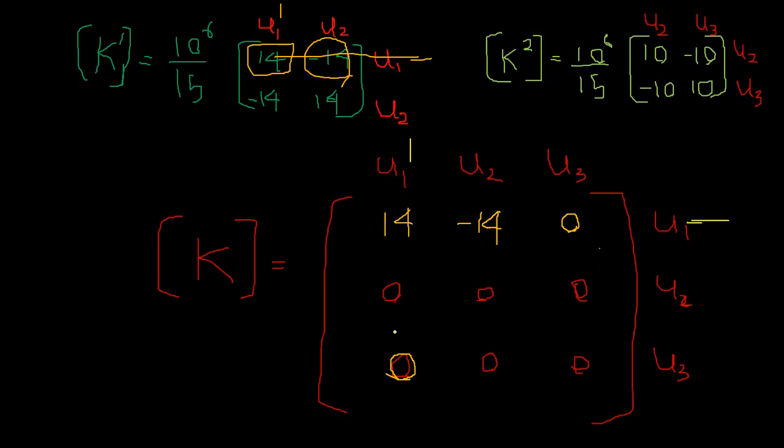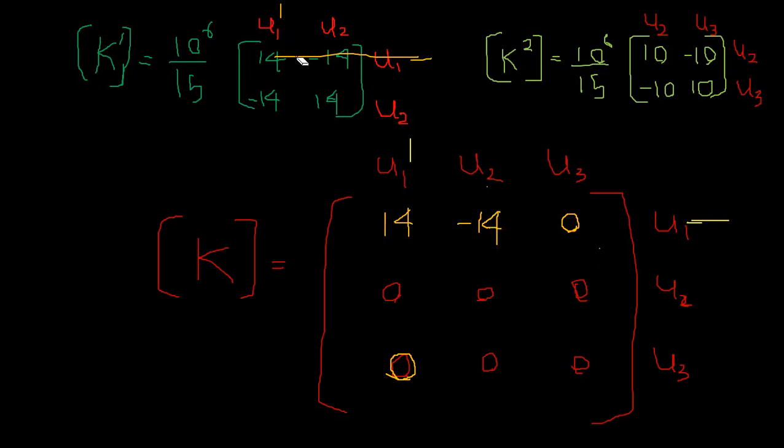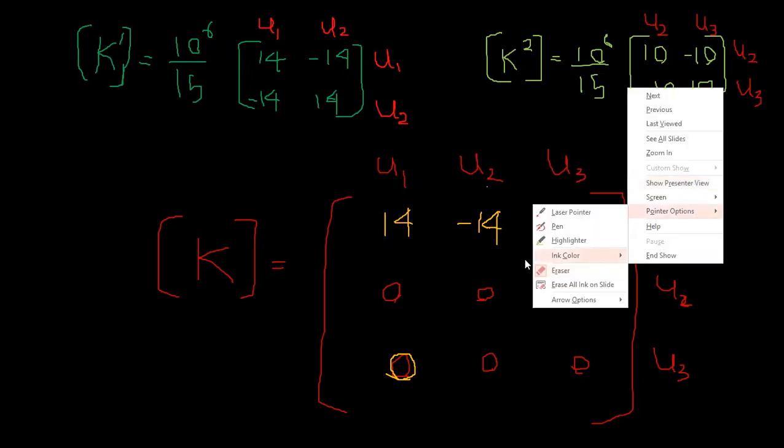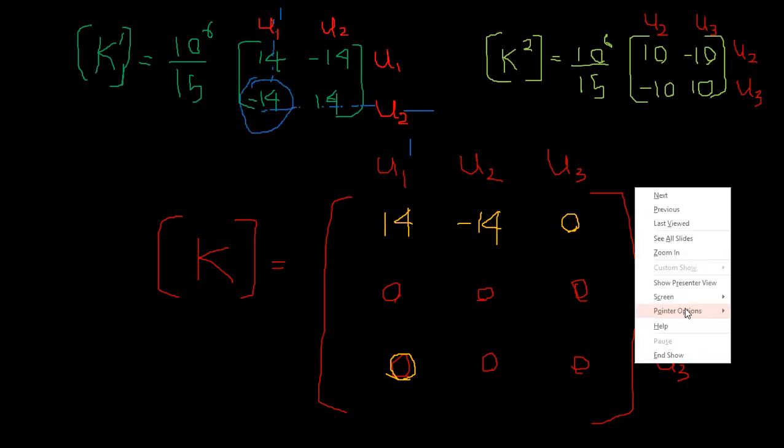And U2, U1, you should be careful on that. I'll show you why. U2, U1 is only in one element, so it's here: minus 14.